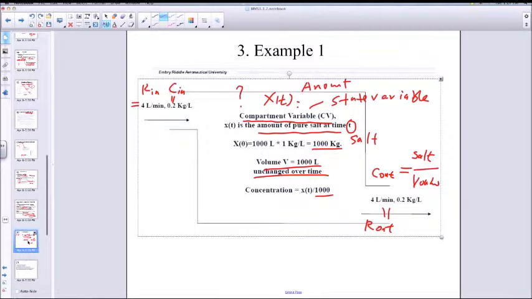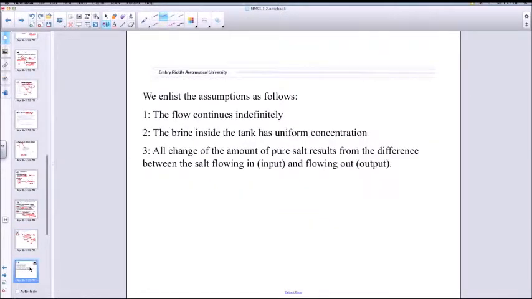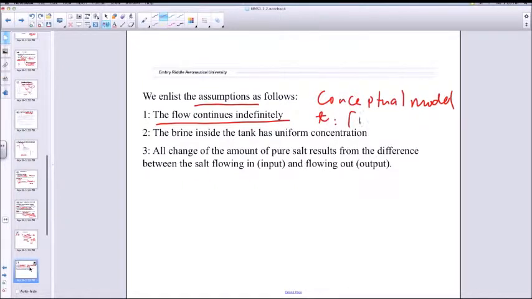So we built the graph, and the second step, we need to make the assumptions of our conceptual model. When we read that the flow continues indefinitely, it means t goes from 0 to infinity. That's my time. And the brine inside is uniform concentration.